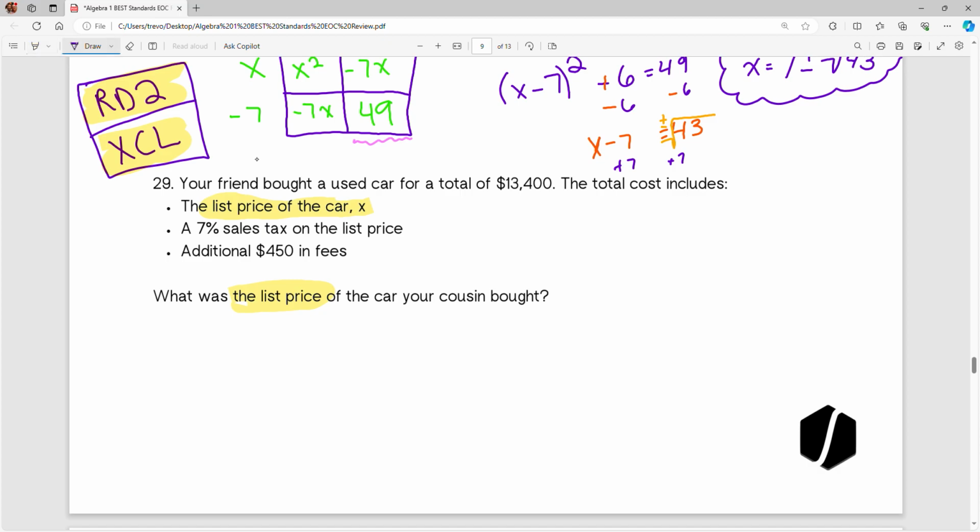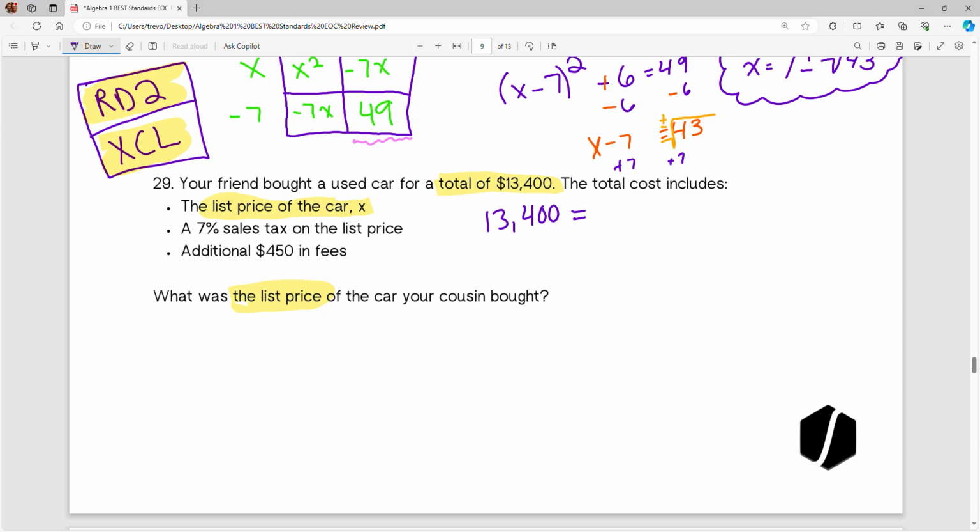So the total spent is, right? The total spent is, so 13,400 is, right? Every time we say is, when we're looking at writing an equation, is the what?